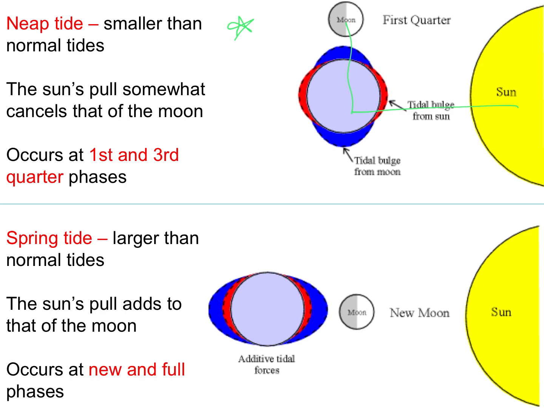Here, the moon is pulling the water in one way, and the sun is pulling the water in the opposite way. They partially cancel out, making the tides lower than they usually are. The opposite situation is called a spring tide. Here, the sun, the earth, and the moon are all lined up and are working together to make larger than normal tides.